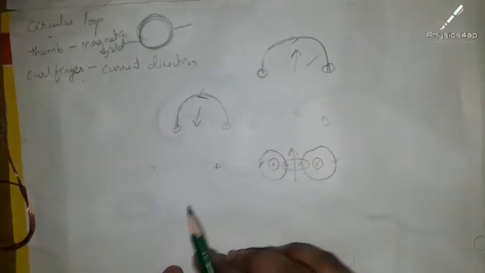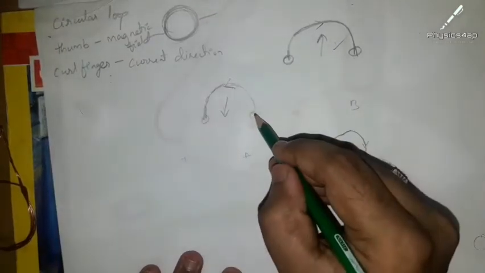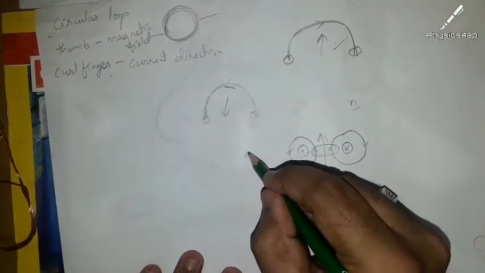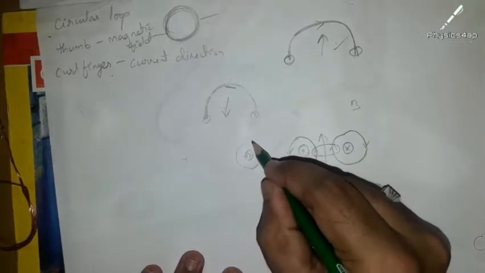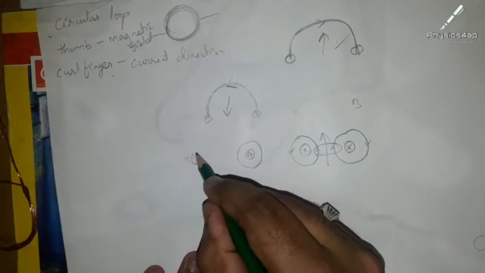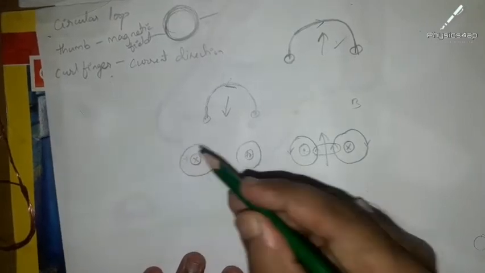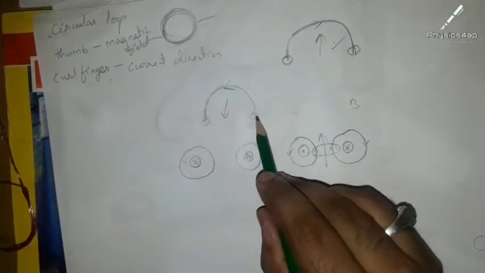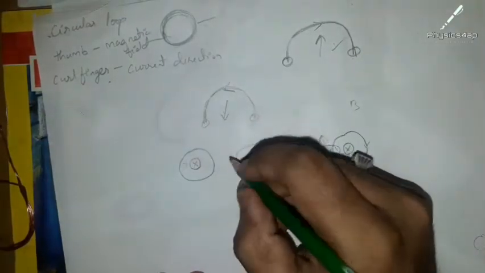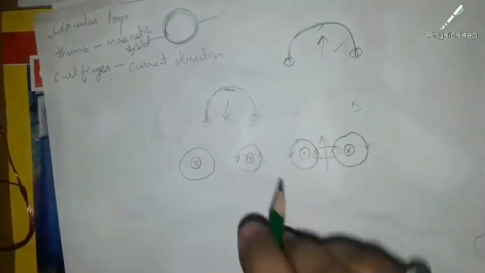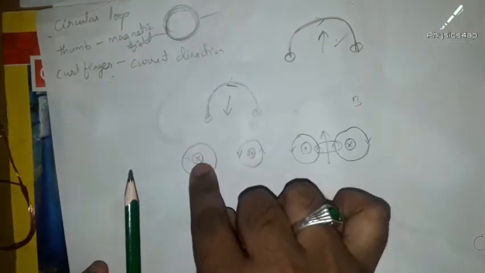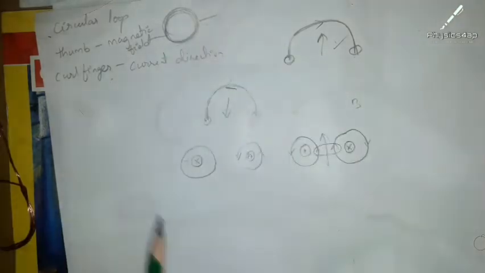Now if it is in the opposite direction like this, the current is coming out of the page, represented as a dot, and the current is moving into the page, called into. Now here, as the current is coming out of the page, we represent it as anti-clockwise direction, and the current going into the page is represented as clockwise direction.